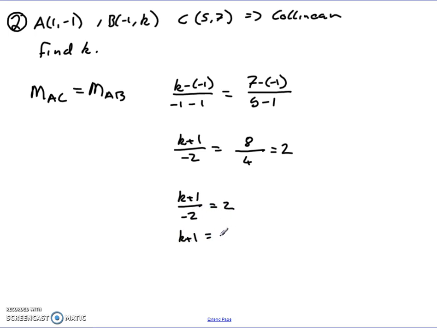I know then that k plus 1 equals negative 4. K equals negative 5. There we go. We've found our last part. We've found our k. I could then, for completeness, tell them that my point B is actually located at negative 1, comma negative 5. I've got the ultimate goal I want.